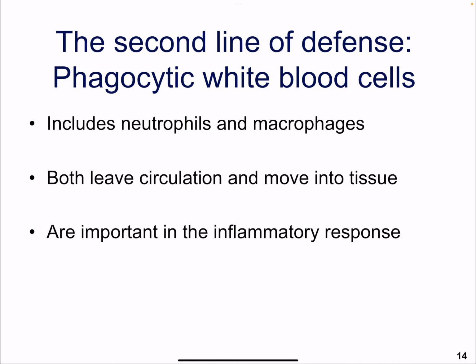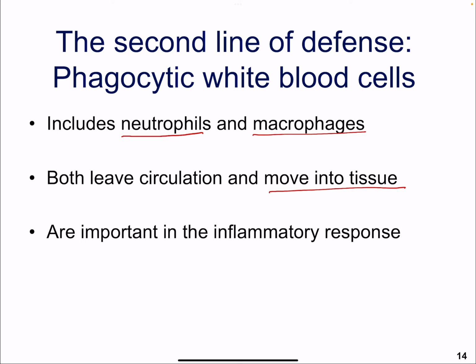The second line of defense is going to include the phagocytic cells, including neutrophils and macrophages. Now, you also have dendritic cells, right? Both are going to be able to circulate through the body and go in tissues where they are going to provide protection.